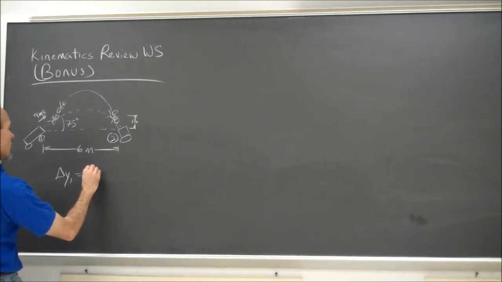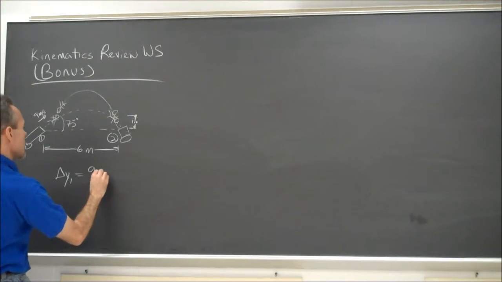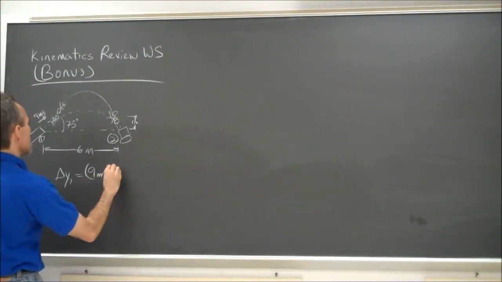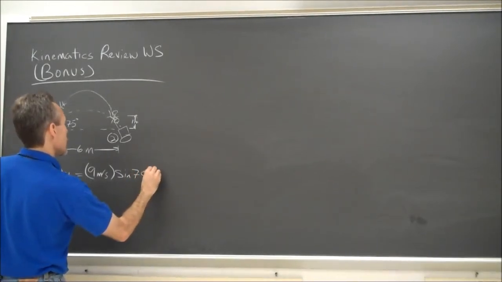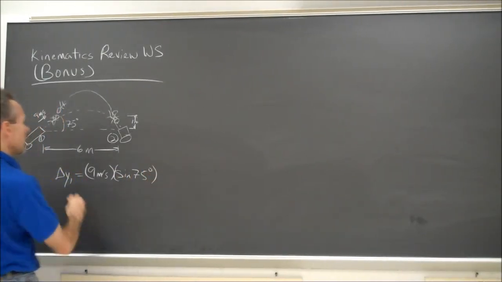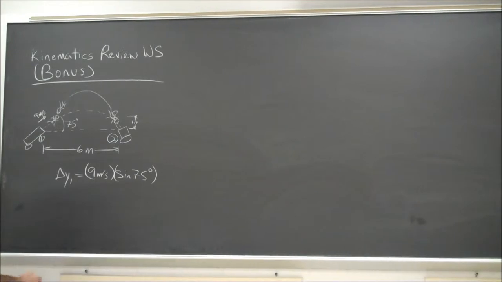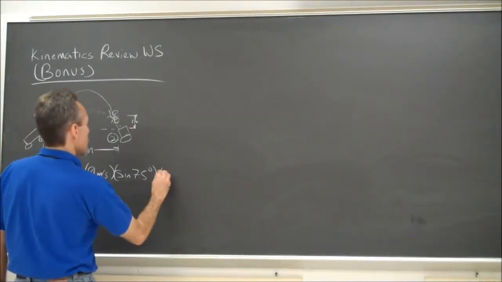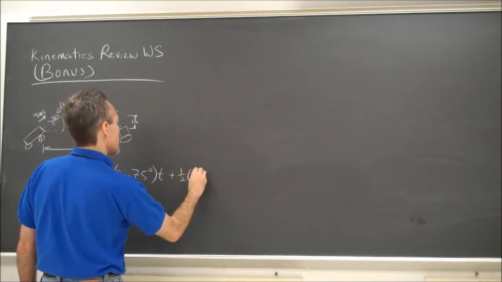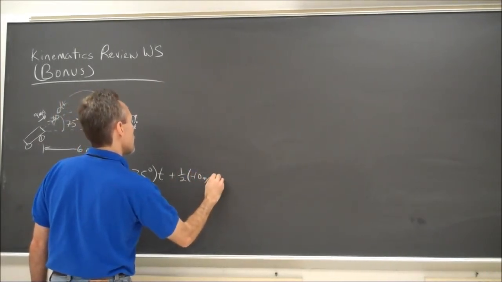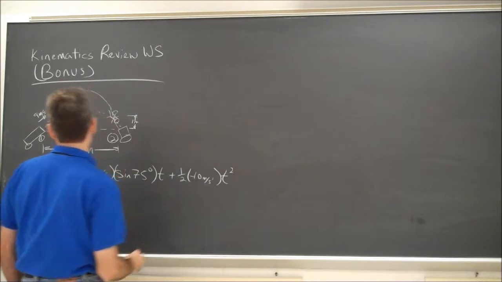So this would be the initial velocity, which is 9 meters per second, times the sine of 75 degrees. That's the vertical v_i part, times t, the time I don't know, plus 1/2 of the acceleration of -10 meters per second squared, times t squared.